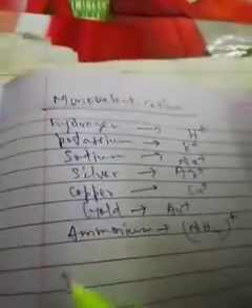NH4 is the symbol of ammonium, and plus means one single charge or single valency. These are monovalent cations.